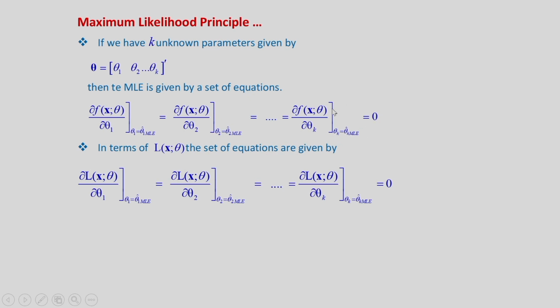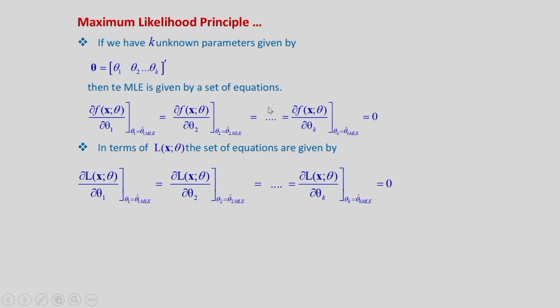So, these are the conditions for theta hat MLE. Now, in terms of the log likelihood function also we get a set of equations. So, instead of f, now we can use L: del L del theta 1 at theta 1 hat MLE is equal to 0, del L del theta 2 at theta 2 hat MLE is equal to 0, like that up to del L del theta k at theta k hat MLE is equal to 0.